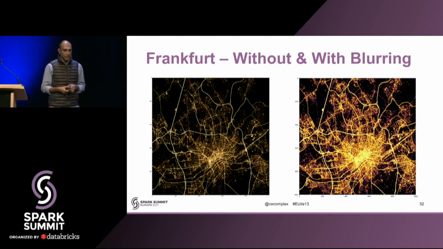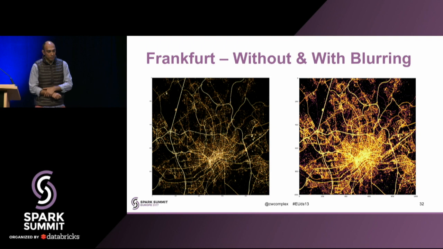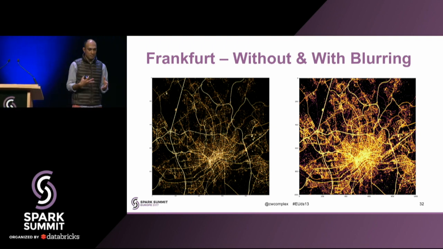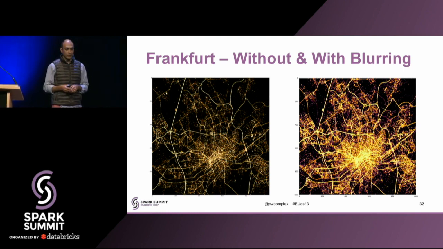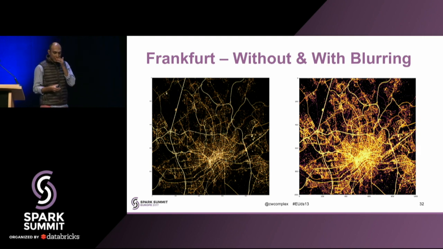I have an example here of Frankfurt with and without blurring, and you can see that we have lost some sharpness, but we get some brightness, and you actually see some areas, like some roads, that were maybe not highlighted before. So there definitely is noise. There are sources of noise in our data; these are all geocodes coming from GPS devices.